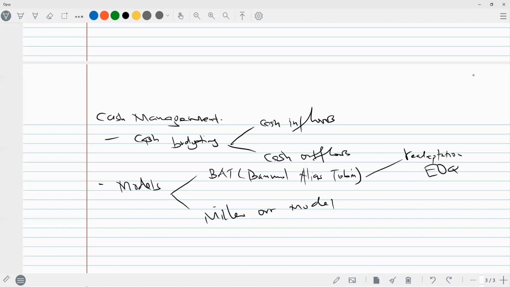What is the optimal amount of cash transfers which you will be having? Don't forget the cash transfers. How do you transfer the cash? By investing in money market instruments, or by selling off the money market instruments you previously have. Those are the transfers. The optimal size of the transfer: if the company is able to generate excess cash, what should be the size of the investment this company is making?